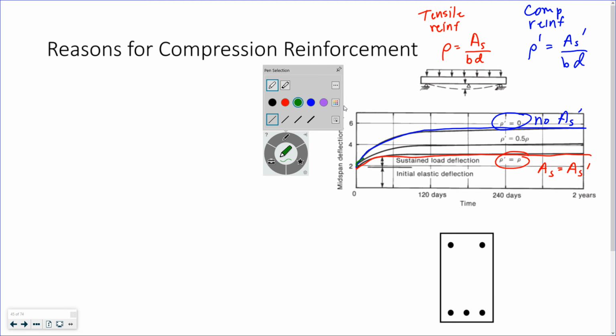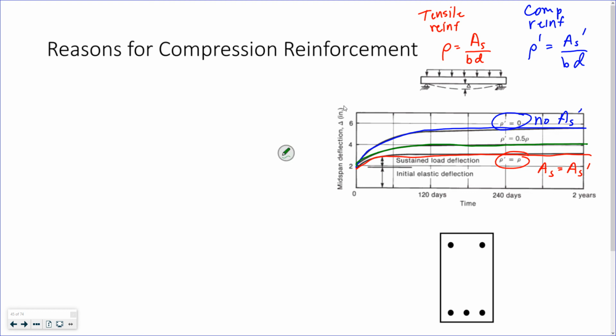If you look at this middle one, rho prime is half of a regular rho, so you have half as much compression reinforcement as tension reinforcement. If you have 4 bars in the bottom, you have 2 bars in the top, assuming they're the same size bars.